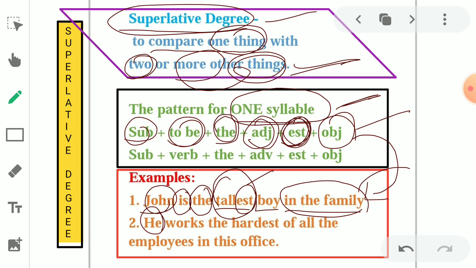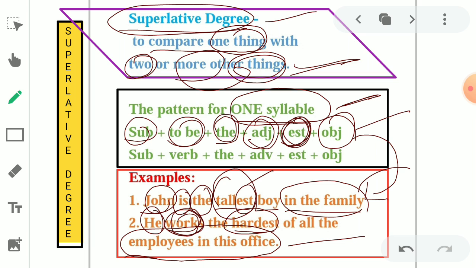See, the person he is compared with the employees in the office, so more than one, more members. Also the main verb is used, and the very next word is an adverb. Hardest. Got it? Because hardest describes or modifies the verb used in the sentence. That's why we can understand that an adverb is used in the sentence.